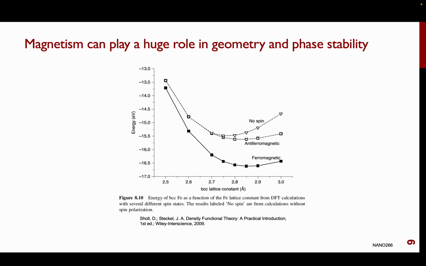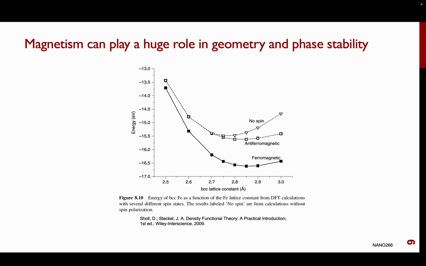Now, one of the other things that you have to be aware of when you actually do calculations, especially of structures that actually have magnetism in them, is really what's the magnetic ordering of your crystal, right? So for something like copper, because copper is a d10 system, there's no magnetism, so you don't care.